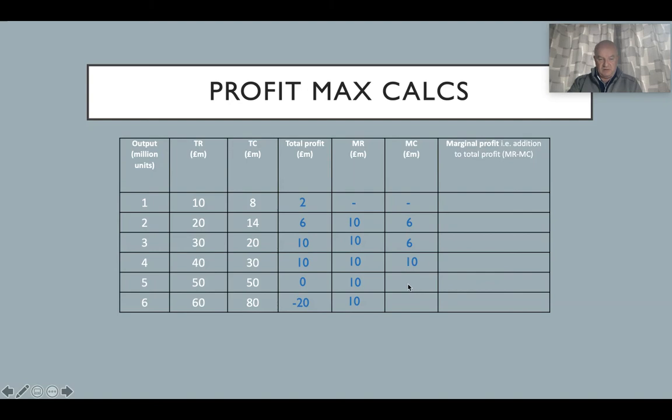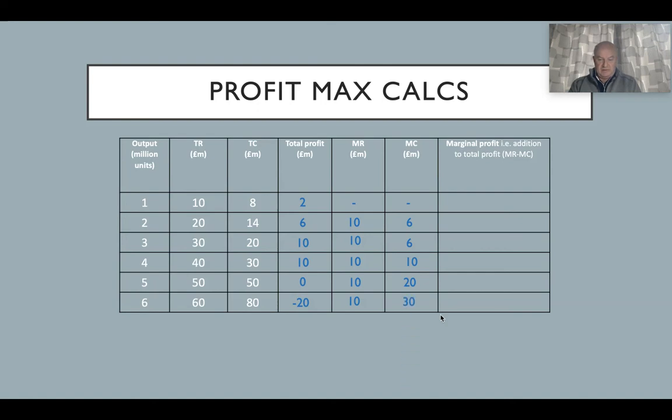Okay, let's take a look at the scenario at 5 million units then. Our marginal cost in this case has gone up significantly, where we can see that our total cost has increased by 20 million, taking the difference in total cost from 30 to 50 million.